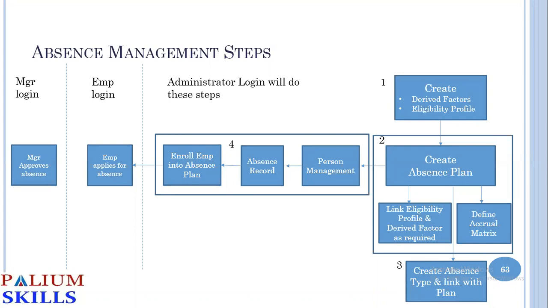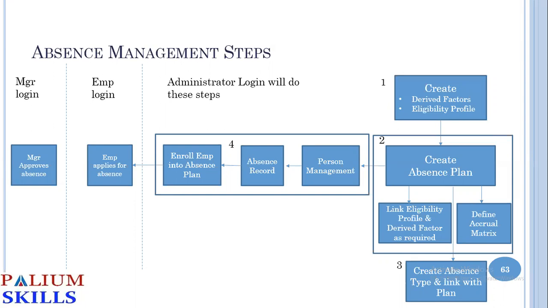Yes, sir. Okay. And then we have to define an absence type. The absence type basically has control over the contents, what the manager will see, what the employee will see, what kind of information they can attach, whether attachments are required or not. Maybe some documentation requirements are there, like a doctor certificate or a sick certificate.